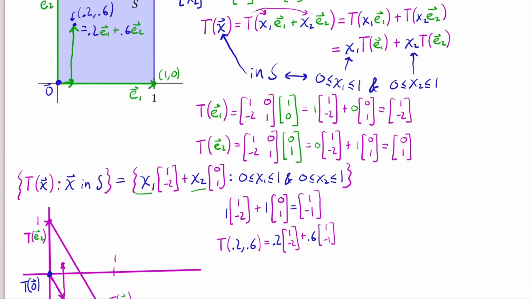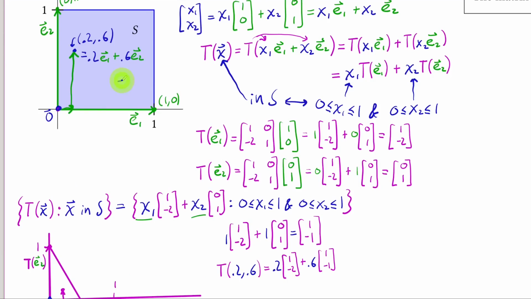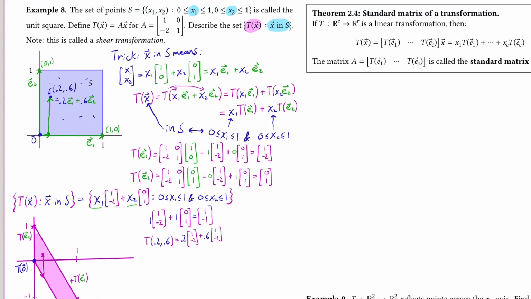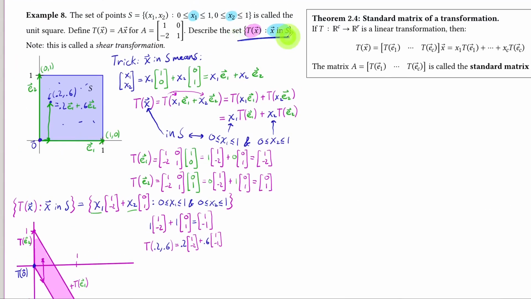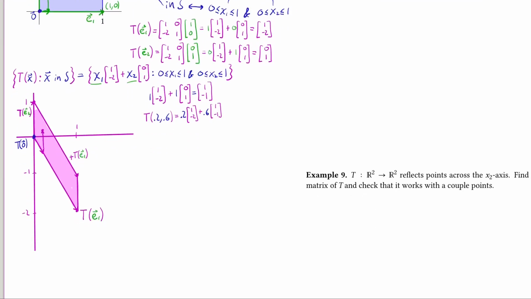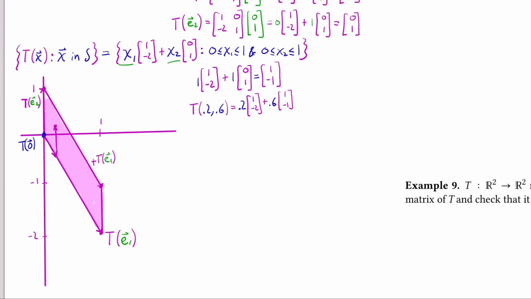And any other point in between, like in the middle of the square, is likewise going to give you another point in the middle of this parallelogram. So that is how you can describe the set T of x such that x is in S. It's the parallelogram determined by T of e1 and T of e2, where two of the adjacent sides are T of e1 and T of e2.